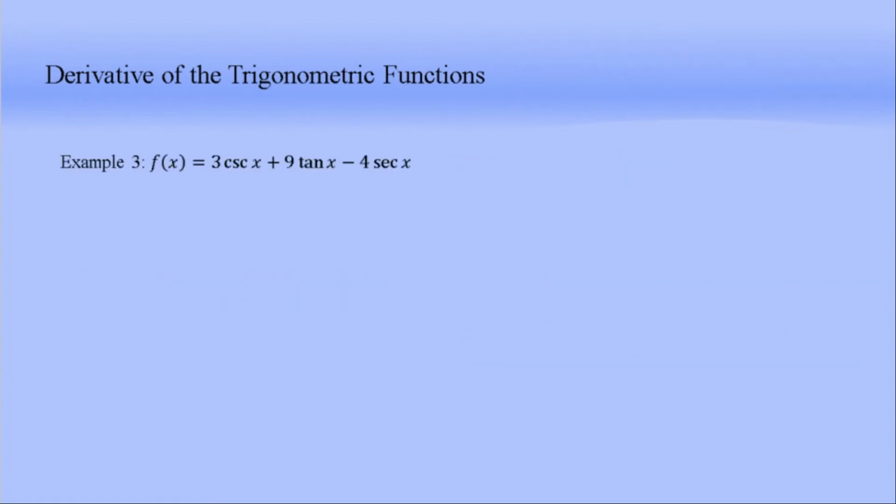So we're going to move on to the third example of finding the derivative of trigonometric functions. So we have this. f of x equals 3 cosecant x plus 9 tan x minus 4 secant x. And so we're going to use the sum rule of differentiation.